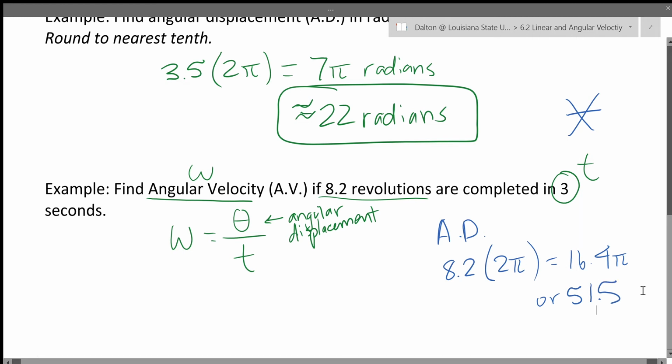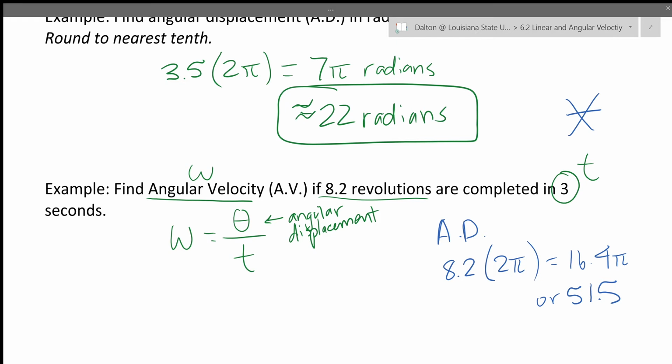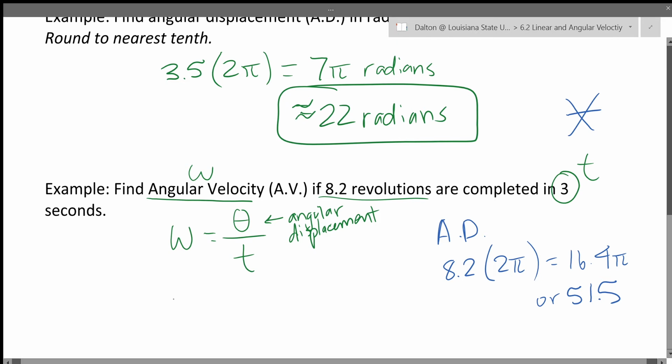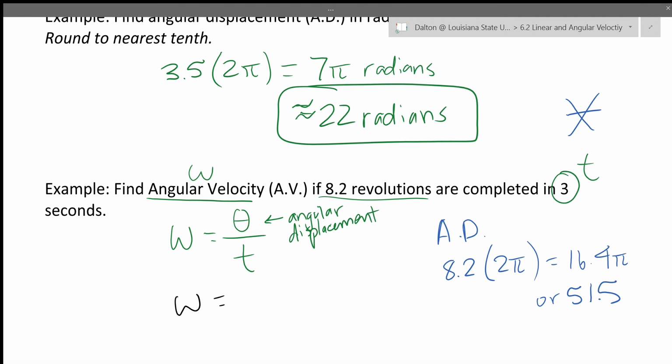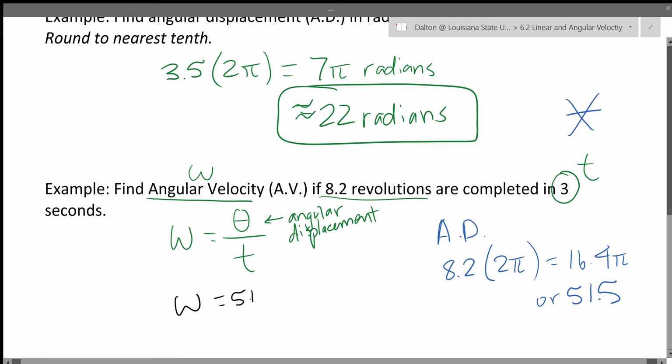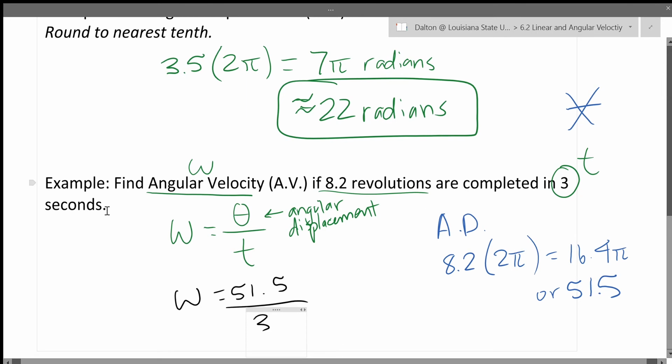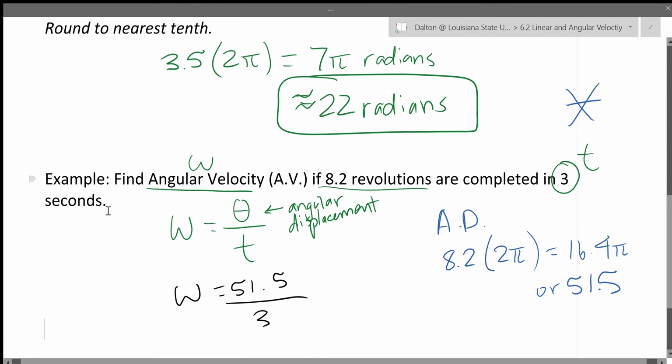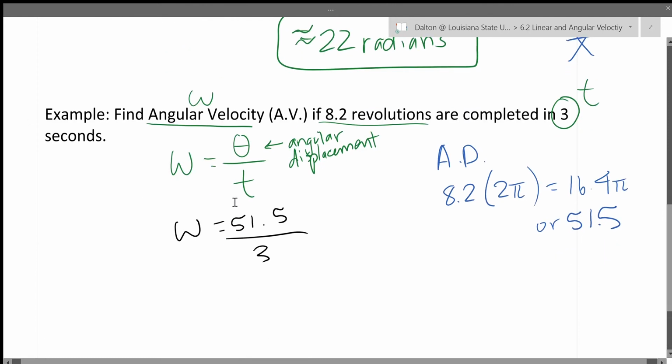Going forward, when we have omega equals theta over t, if you're going to use 51.5, make sure you leave that long decimal in your calculator and divide by 3 so that you aren't rounding twice, so to speak. Or you can just put 16.4 pi divided by 3.